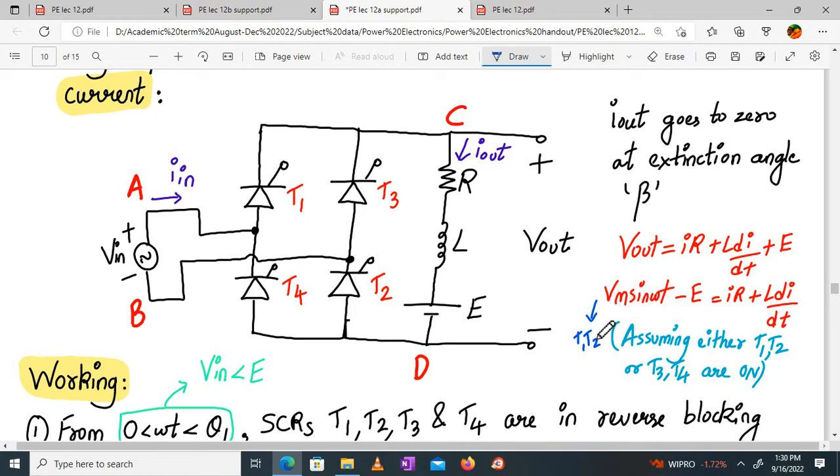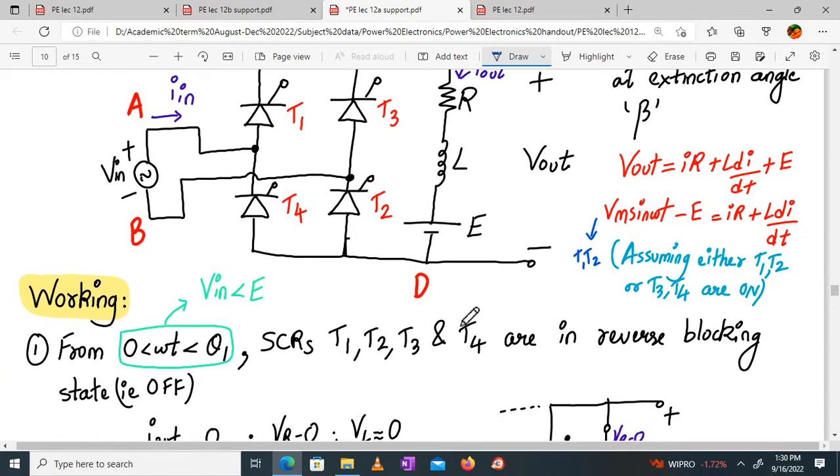So this is valid when T1 and T2 are on, output is equal to input Vm sin omega t minus E, meaning the voltage has to overcome E. Then it will be equal to IR plus L di by dt. So this inductor releases that energy during the negative half cycle. Also, on top of it, it has to overcome E. So it has a double job to do.